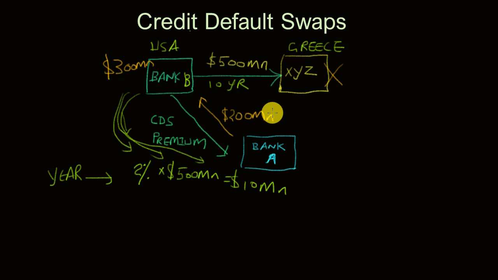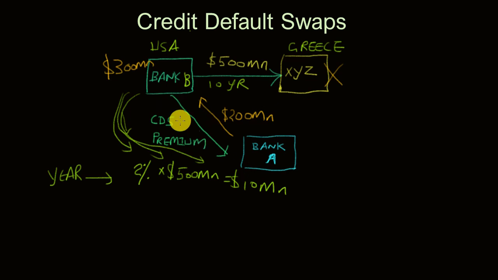So you can see by entering into a credit default swap, Bank B has protected itself from the credit risk of XYZ. Now, that's the whole purpose of a credit default swap. Credit default swap is used to transfer the credit risk. So in this case, Bank B has transferred the credit risk of XYZ to Bank A.